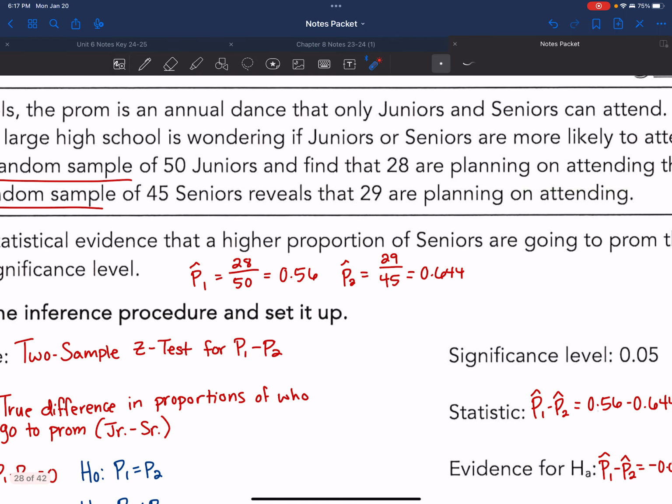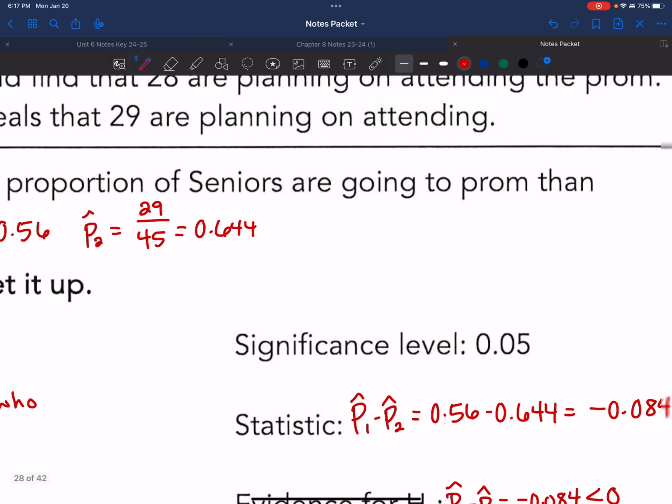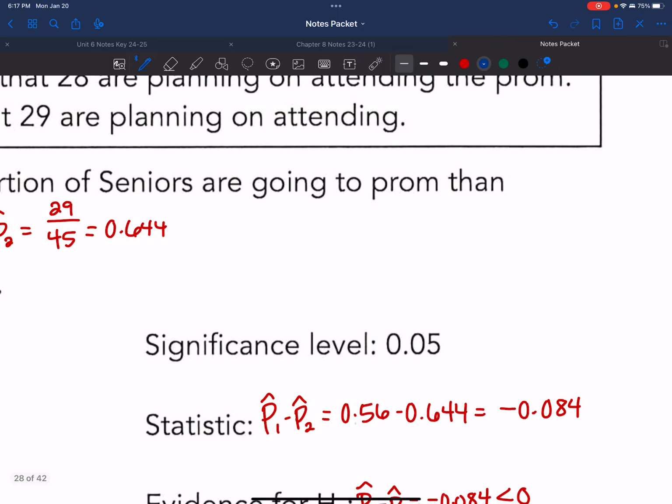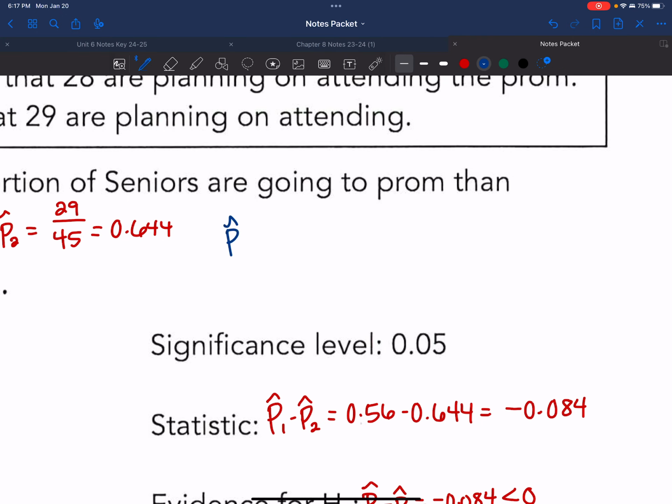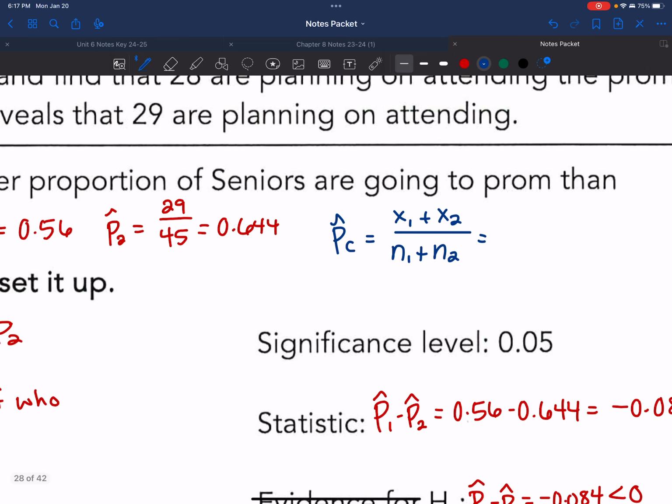Theoretically, these two groups are the same. So instead of having two different proportions, we're going to combine these proportions. We're going to create what's called p hat c. This is just your first fraction plus your second fraction, so I add the numerators together on top and the denominators on the bottom.